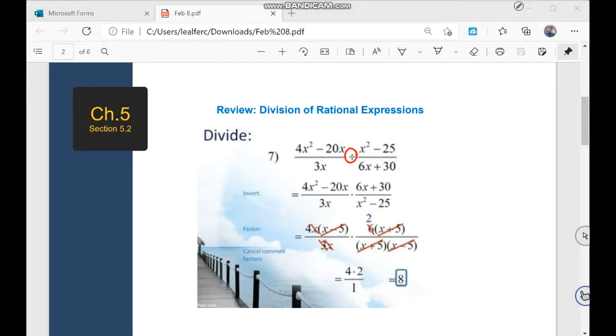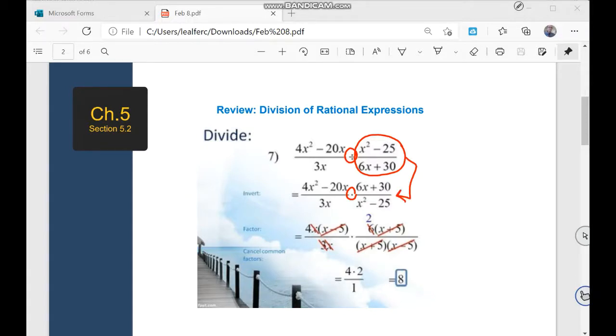Instead of division, we will work with a multiplication, and then you're going to flip after the division symbol. You have a rational expression, you will reverse. You're going to flip. The numerator becomes denominator, and the denominator becomes numerator. Okay, that's what we have done here.